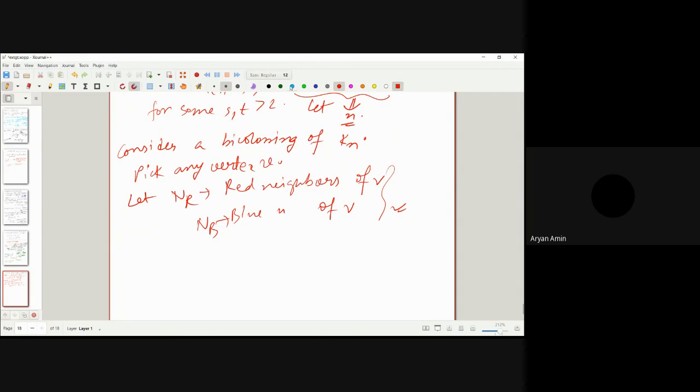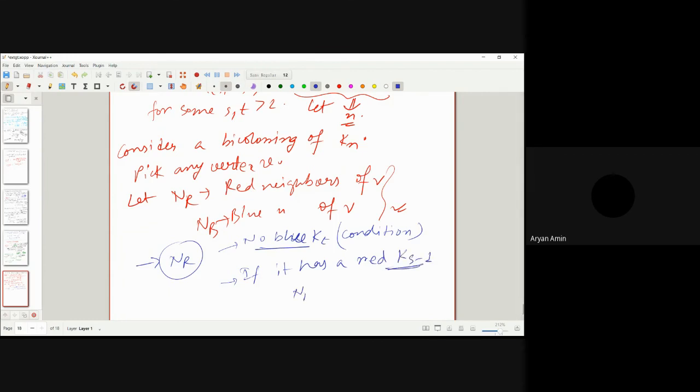So now you make the following observation. Think about N_R. It can have no blue K_t among itself because of the condition. So if it has a red K_{s-1}, what happens?